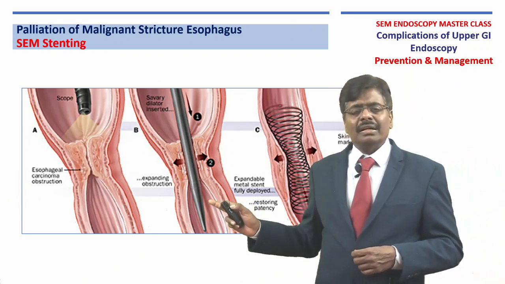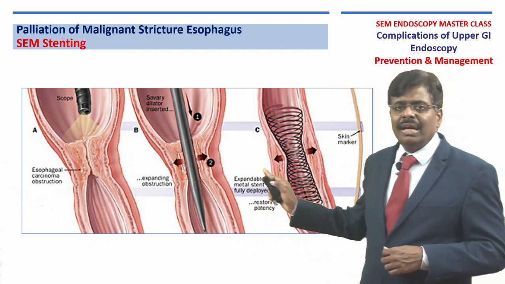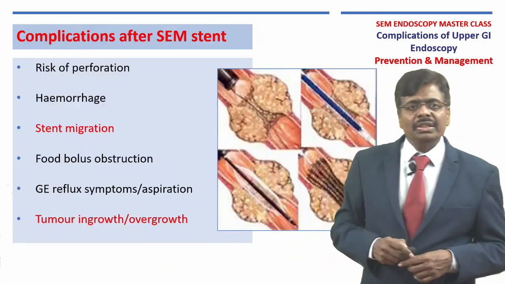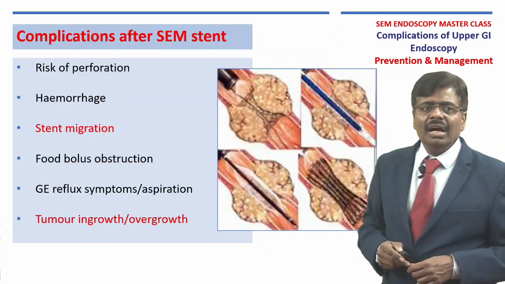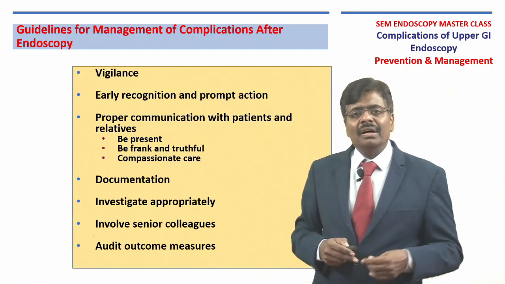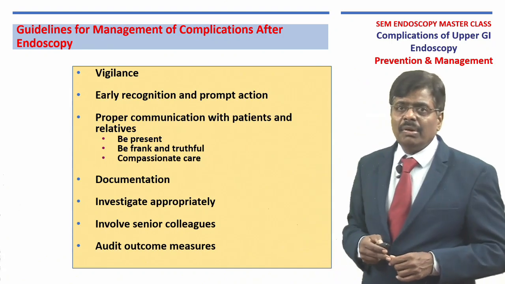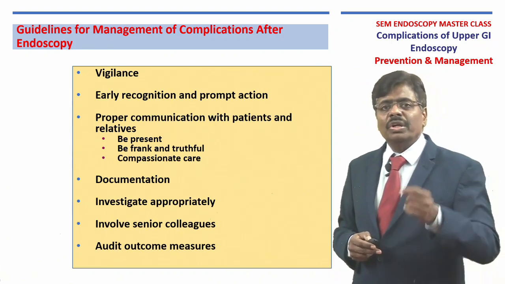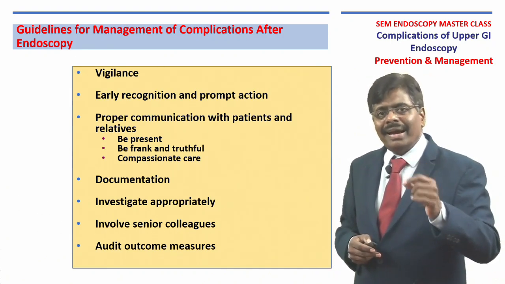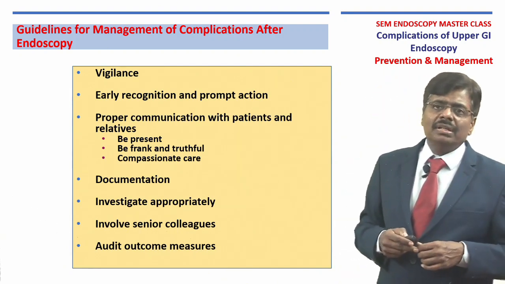Coming to another situation, where you put a self-expanding metal stent as palliation for a carcinoma oesophagus, people can get into trouble like stent migration or tumor ingrowth. Especially stent migration is very important in the first 1 or 2 days, and also if you do not give proper dietary counseling, they eat like a normal person and end up having a stent obstruction.